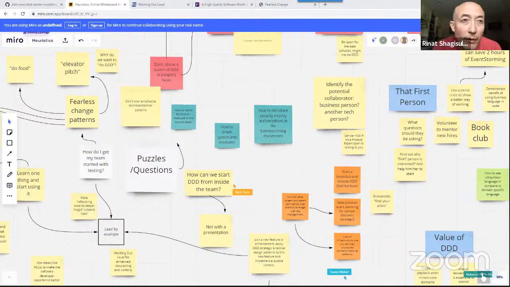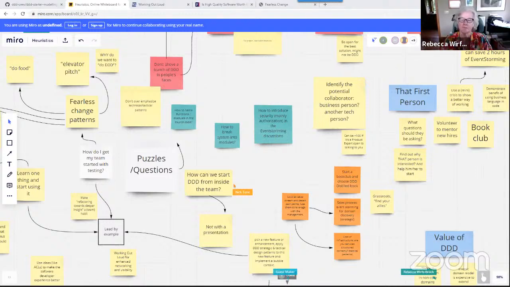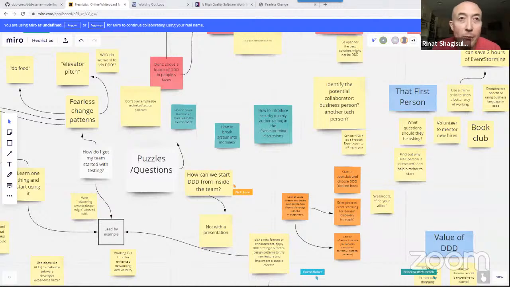Also, one of the things we're trying to do to get DDD inside my company right now is finding out the pain points, for example in the sales process, and using something that is familiar. I would agree with Nick that you should stay away from terminology that triggers people too much, like domain-driven design, and instead use the sales process as something they're familiar with.